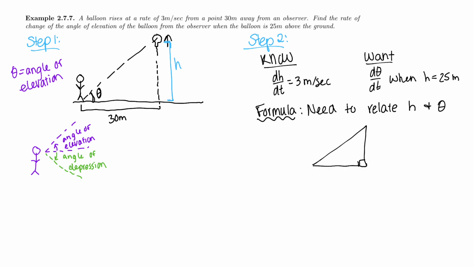So my ultra simplified triangle here, this is theta, this is h, and we know this side length is 30. It doesn't change, right? He's 30 meters away from that balloon, and that's not changing from the spot on the ground where the balloon began to rise. So using these three things, we have an angle, we have its opposite side, and we have its adjacent side.